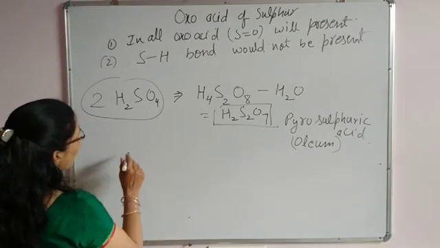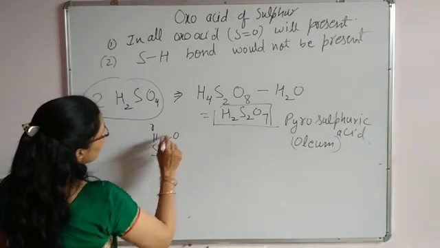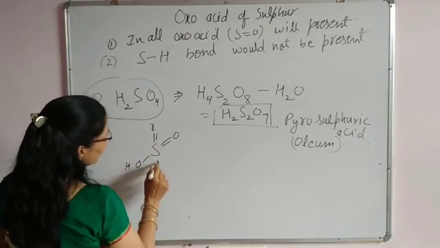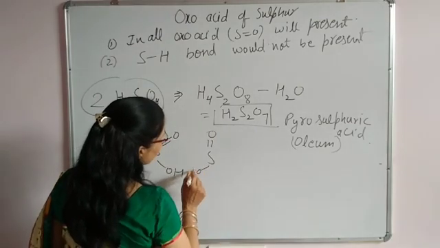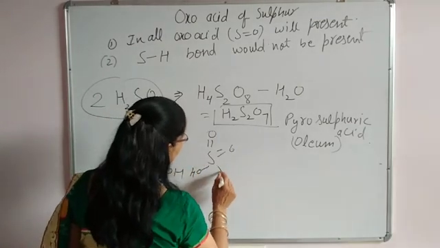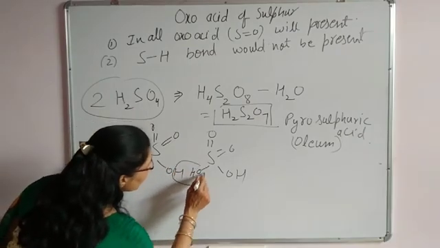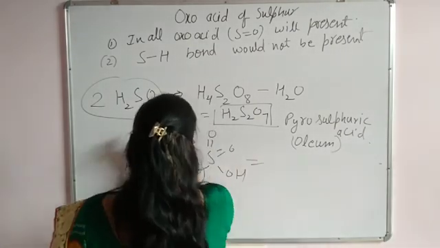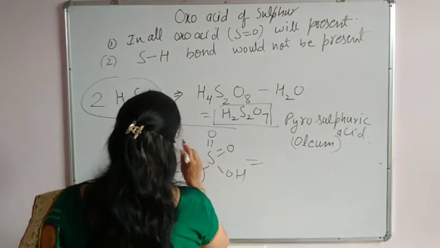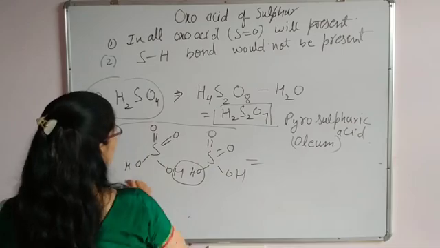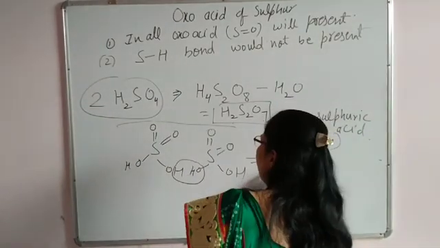Its structure: for this purpose, write down H2SO4 two times, nearby, and remove one water molecule H2O. What you are getting is your rough work, totally rough work. Don't do it for the examination, just for remembering.